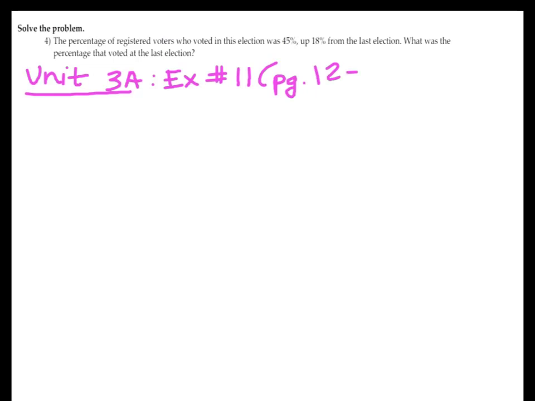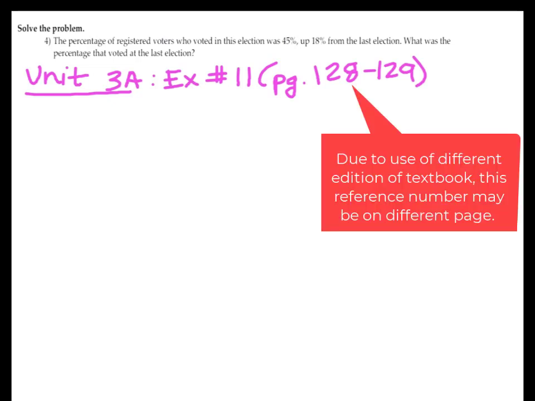Okay, so this problem is very similar to example 11 on pages 128 to 129, just for reference.